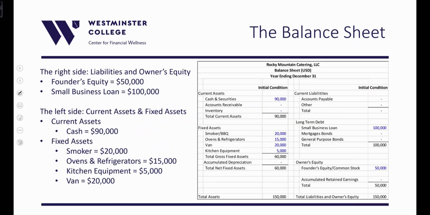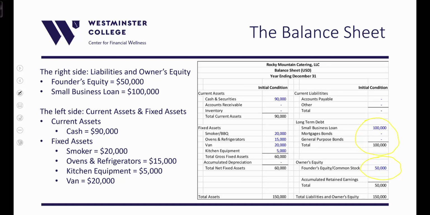So how do these show up on the balance sheet? Well, let's start with the money that they raised. Notice that we put the $50,000 down here as owner's equity. So this is money contributed to the company representing these new owners, these founders' equity stake in the company. This is what cements the company as being theirs.